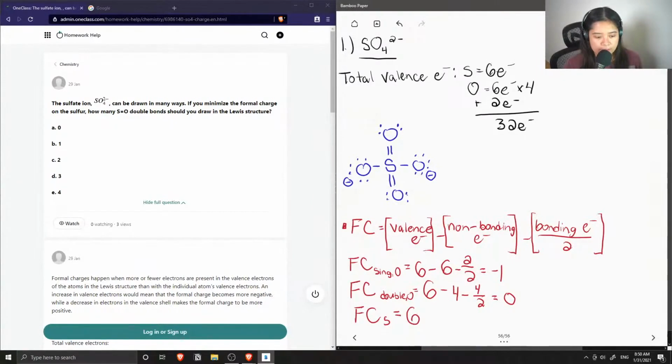Sulfur has 6 valence electrons, and this central sulfur atom doesn't have any lone pairs. So we subtract 0, and then we need to count out the bonds. So there are 6 bonds to sulfur, so that means there are 12 bonding electrons divided by 2, and sulfur is neutral as well.